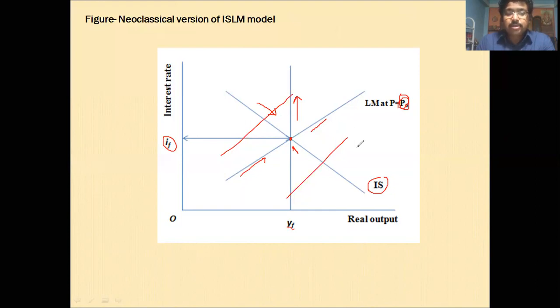The main difference between the Keynesian IS-LM model and the neoclassical IS-LM model is the supply side assumption. Without making equilibrium in the money market, full employment output and interest rate are determined in the neoclassical model. It is important.